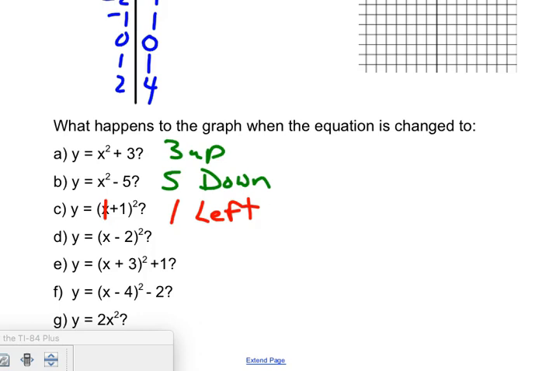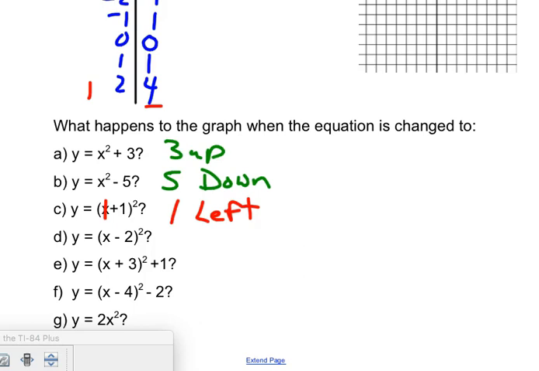Well, then I get 2 squared, which is 4. So now when I plug in 1, I get 4. Well, before when I plugged in 2, I got 4.